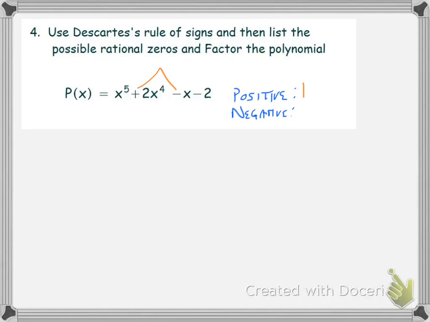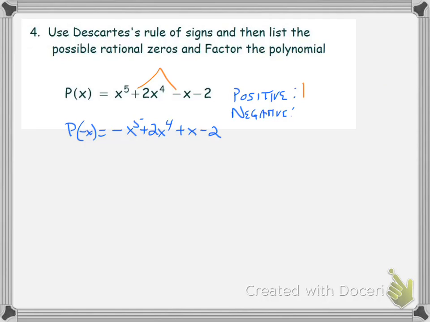So there's one positive. To find p of negative x, it's going to be negative x to the fifth plus 2x to the fourth plus x minus 2. Remember, I'm only changing the terms with the odd exponent.